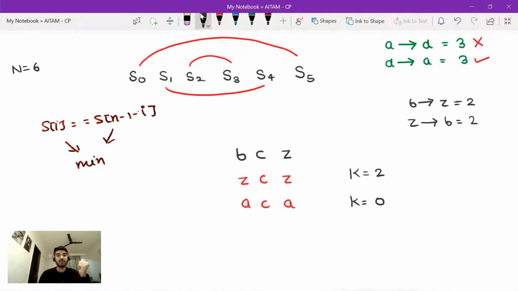But there might be the case when after converting it into a palindrome, we are left with some operations, that is, the value of K is greater than 0. So in this case, where do we use the K? Now some of you might claim that I will keep on decreasing the characters.